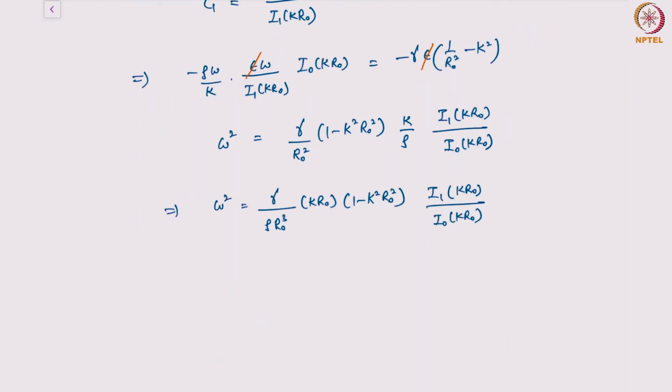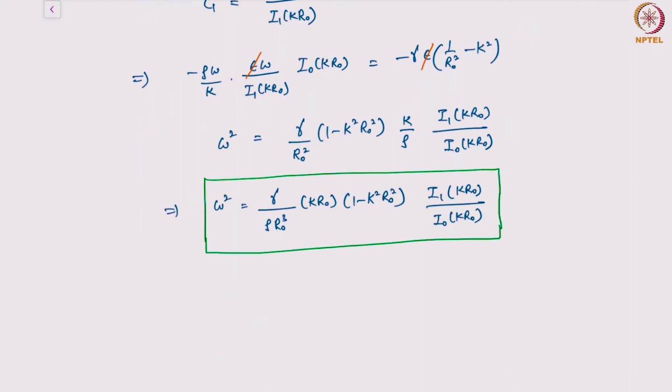So this is called the dispersion relation, because it tells me the relationship between omega as a function of k, and other geometric parameters like r naught and material parameters like gamma and rho.